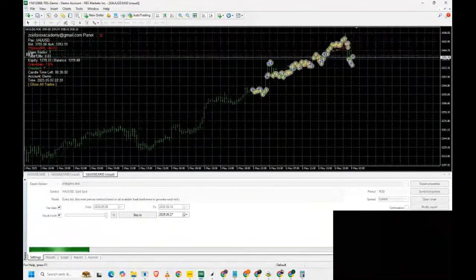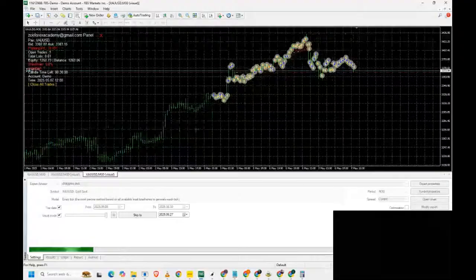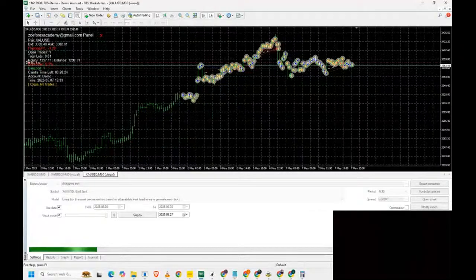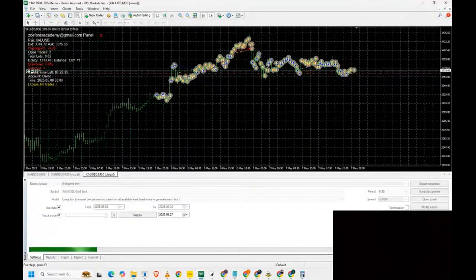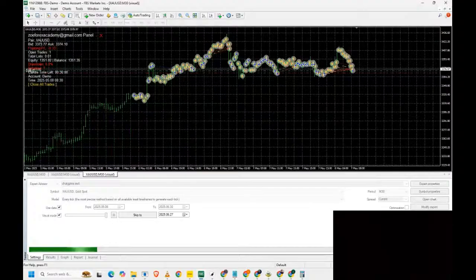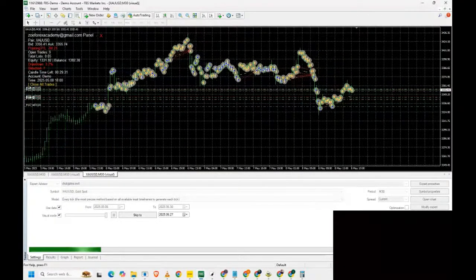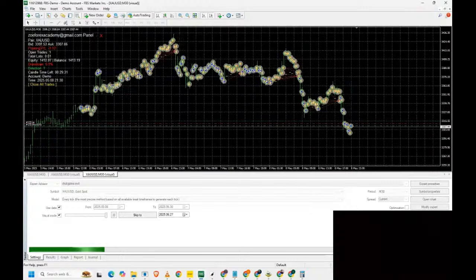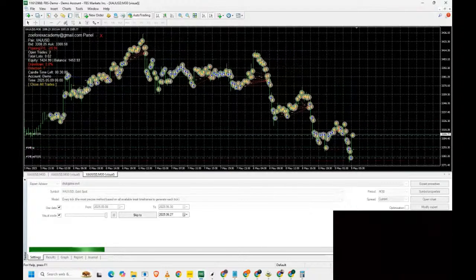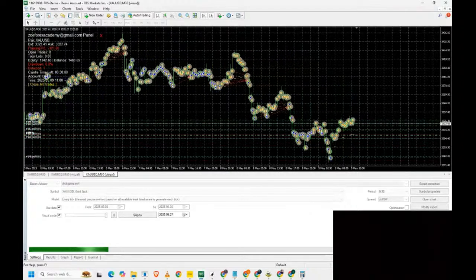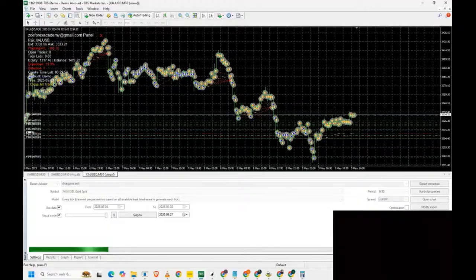So you see, it started trading again, and with 0.01, you can imagine how far this bot is going. You can see between the 6th and 7th, it's already made 1003 from 1121. And so the bot will keep doing this. It will keep trading non-stop.